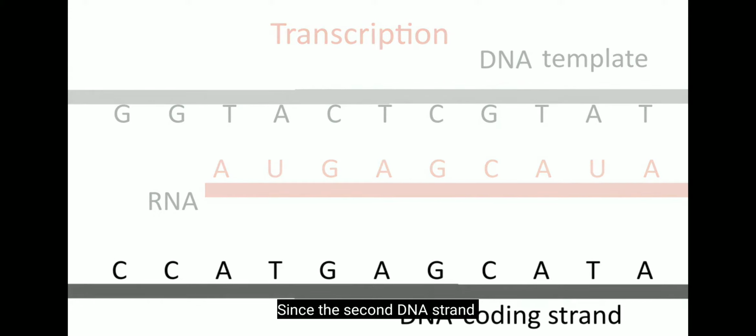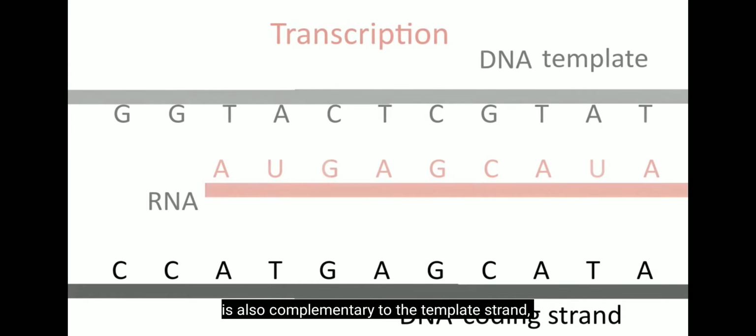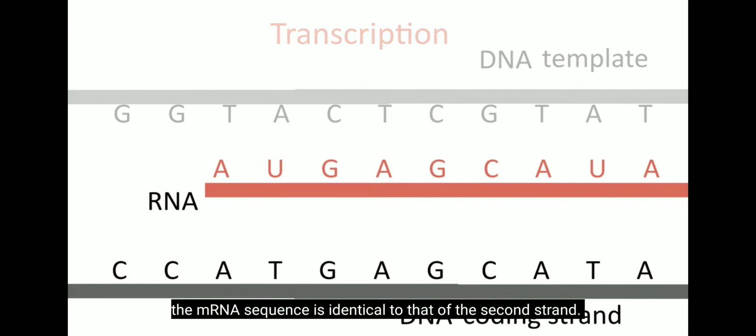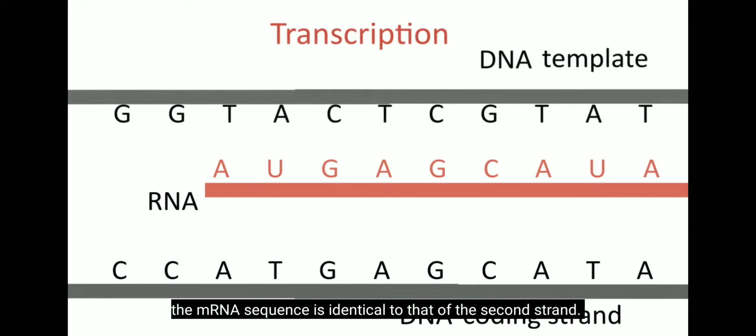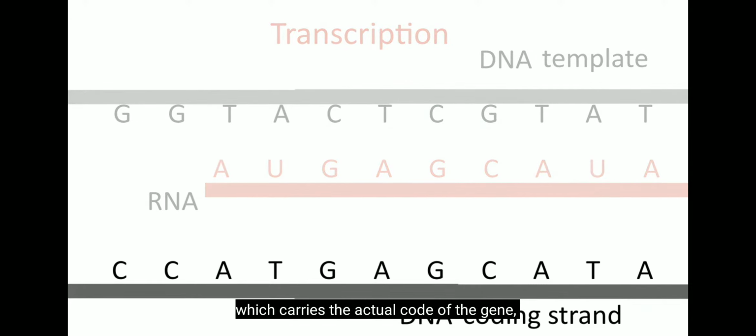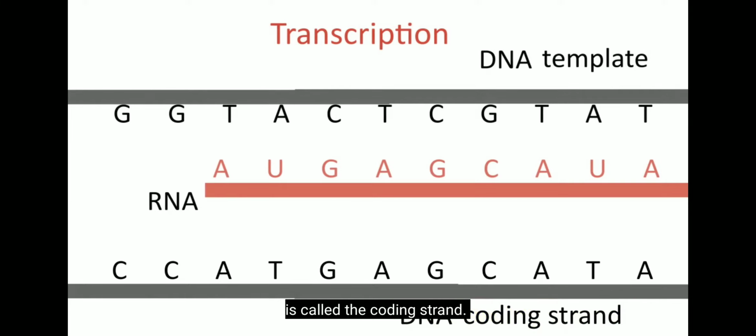Since the second DNA strand is also complementary to the template strand, the mRNA sequence is identical to that of the second strand. This strand, which carries the actual code of the gene, is called the coding strand. This process of converting the code in DNA to the code in mRNA is called transcription.